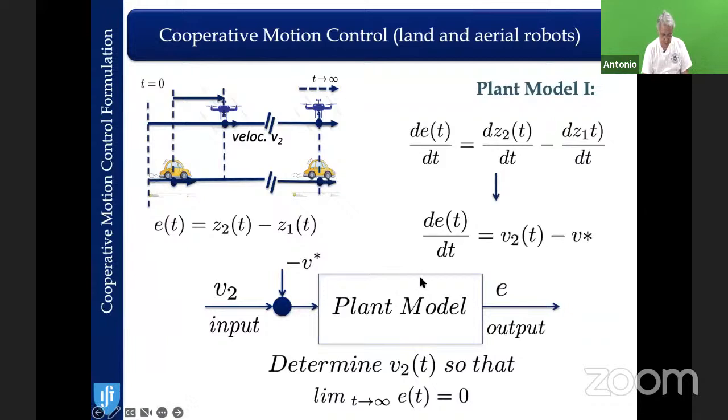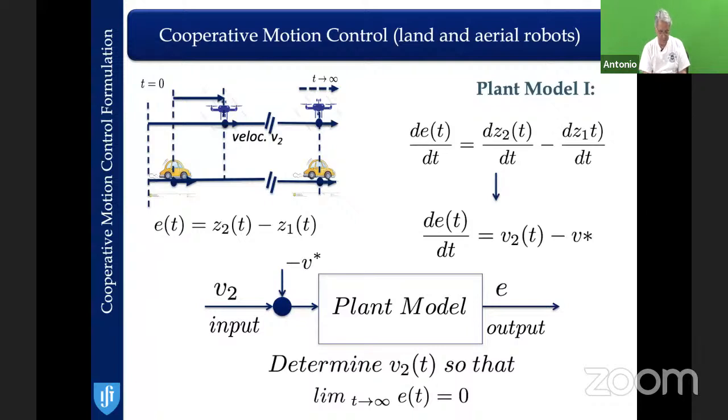So you see, you have the plant model in which the inputs are V star and V2 minus V star, and then the plant model is simply an integrator. This is an integrator. So again, I remind you, you have all the ingredients that are required to do this.